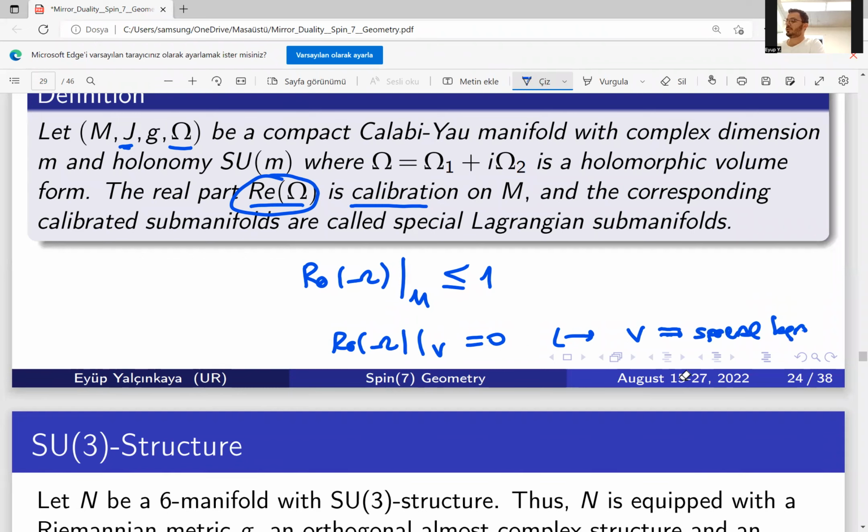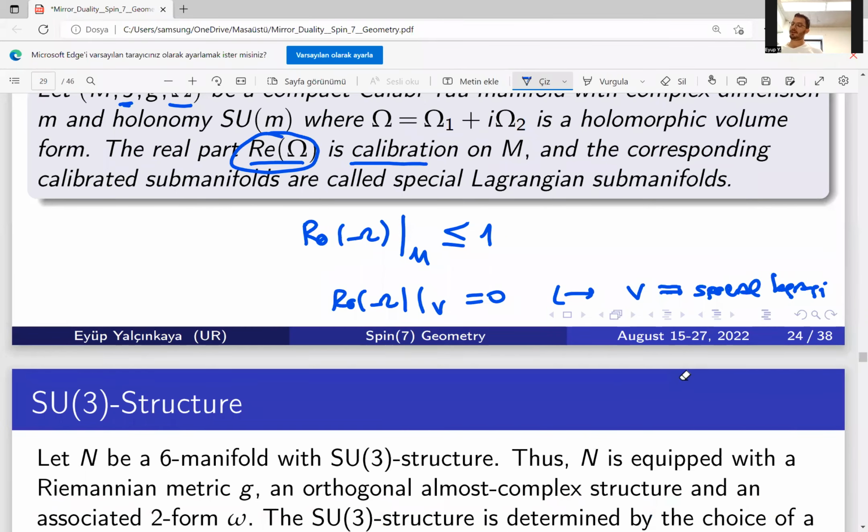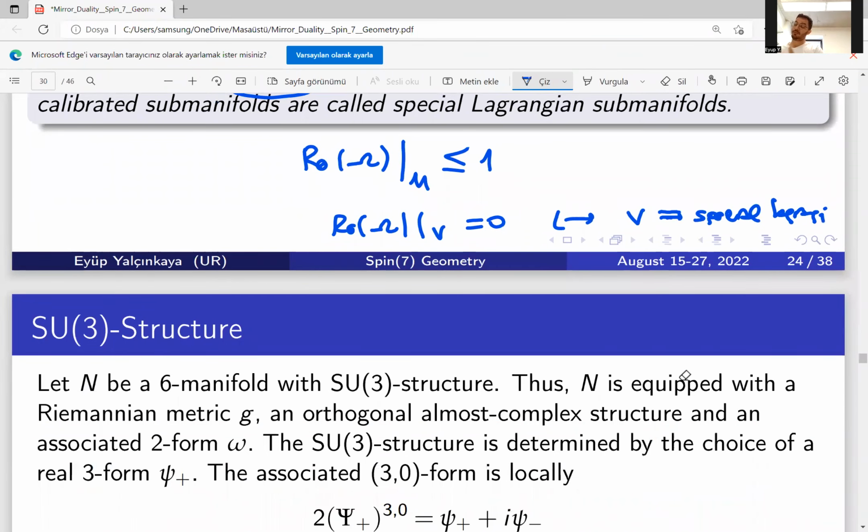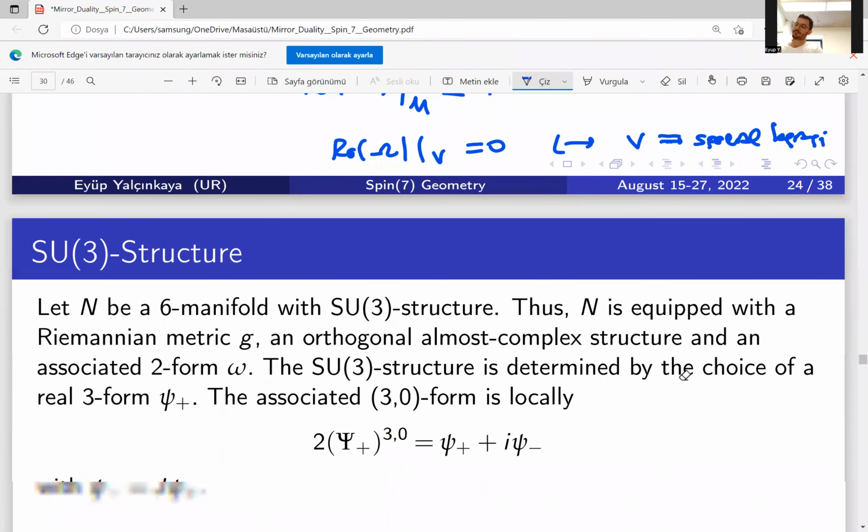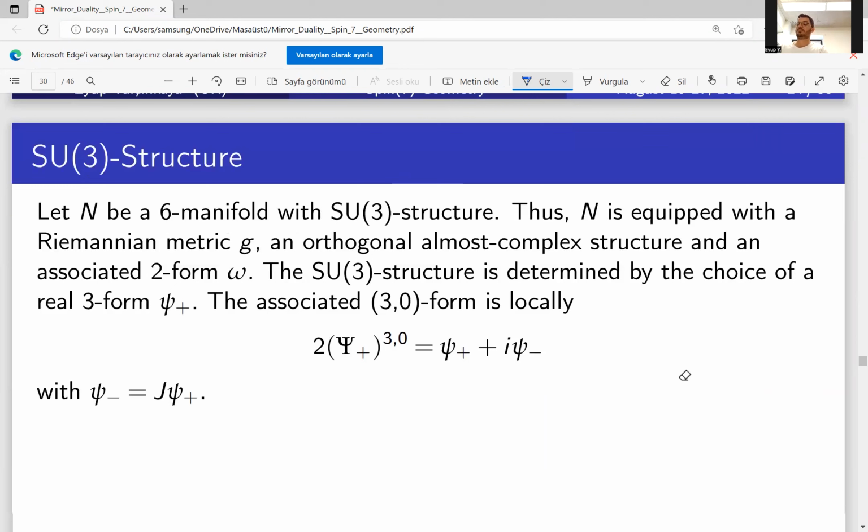Special Lagrangian submanifolds are extremely important in string theory. As an example, to be able to understand which one is a calibration and how we construct the theory, SU(3) is a non-trivial example if you are living in a 6-dimensional manifold with an SU(3) structure.